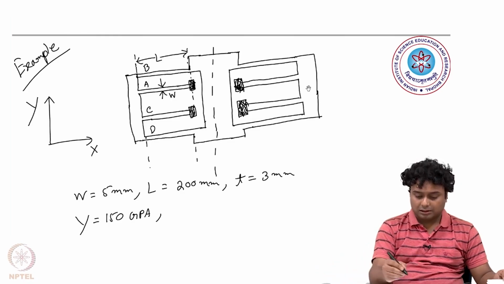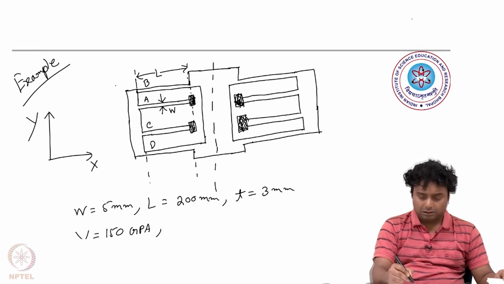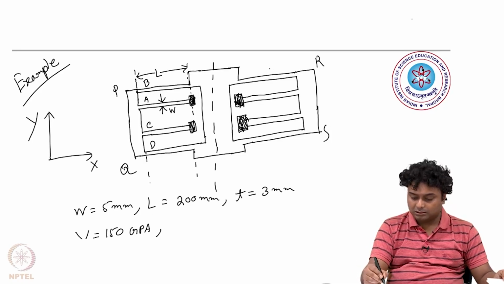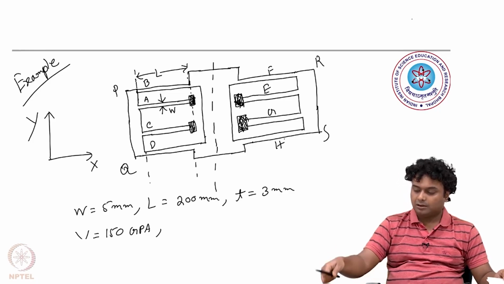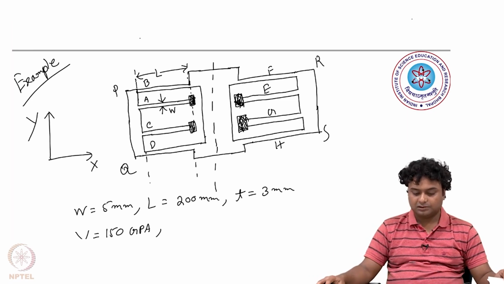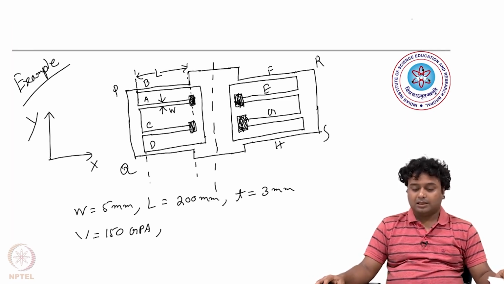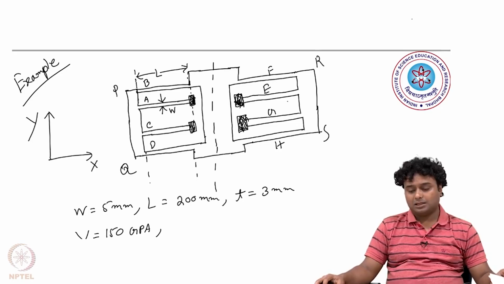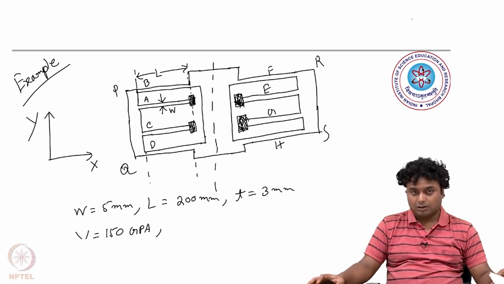Let us name them P, Q, R, S, and let us say E, F, G, H. As I was saying, A, B, C, D are slender beams, and slender beams means they will bend, and P, Q, R, S are stubby structures which will not be able to bend or twist.